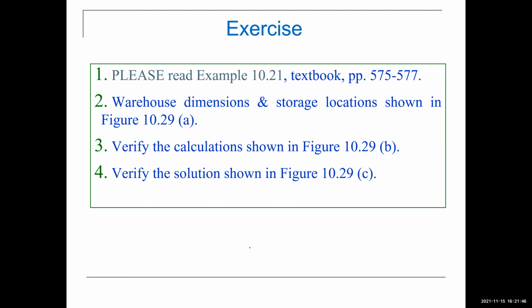I think it has more doors, but again, same idea. And the solution is given in terms of figures 10.29 B and C. And in the assignment, you will have practice problems that you have to solve using this method, your new assignment.